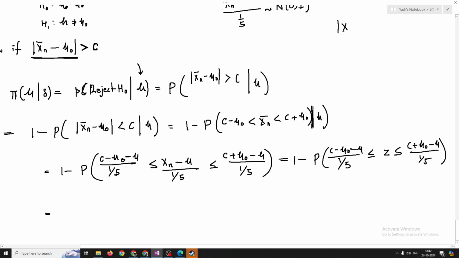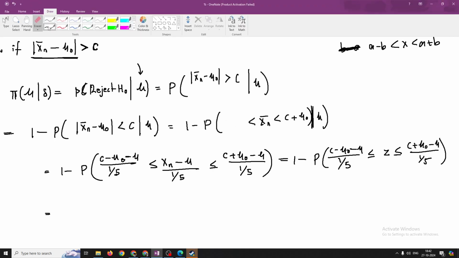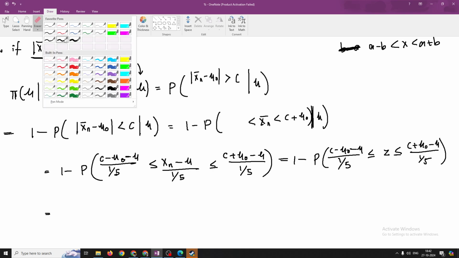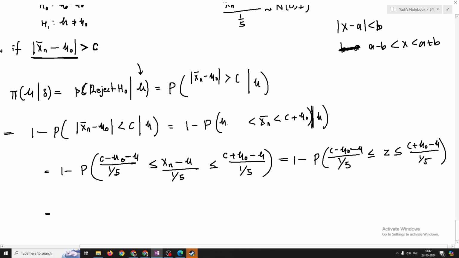Generally, let's say x minus a is less than b, this means a minus b less than x less than a plus b. B is the distance, so this should have been mu naught minus c, and this is mu naught plus c.